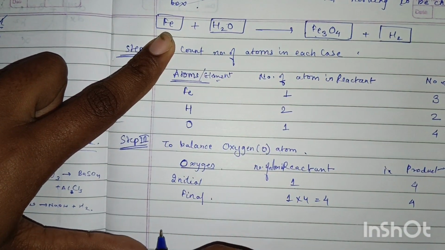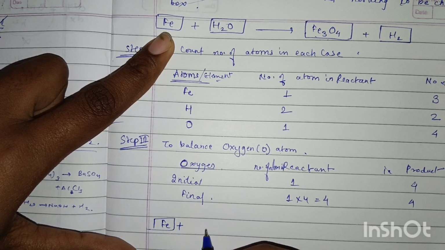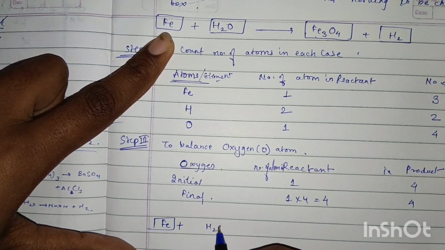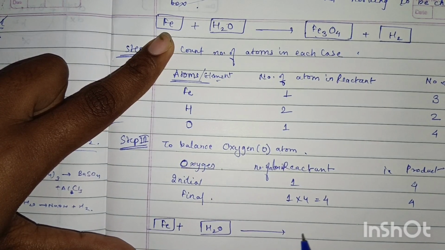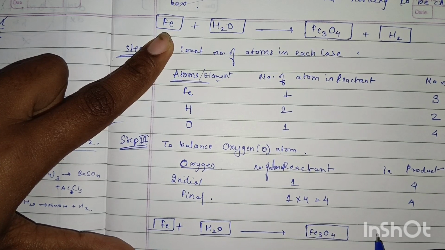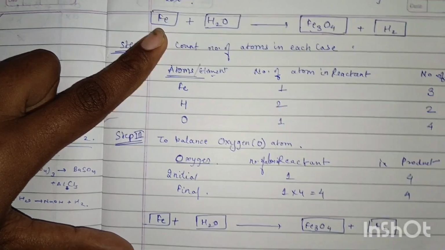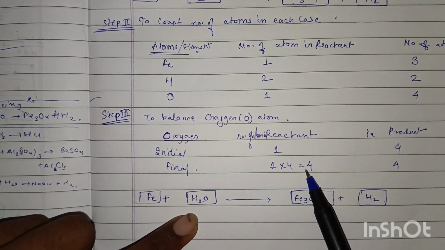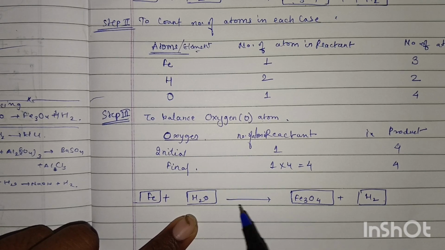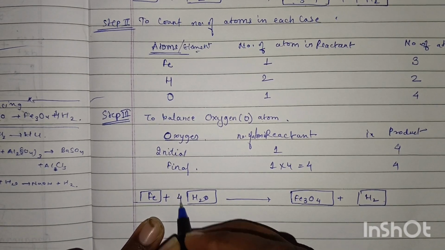See, Fe plus H2O gives Fe3O4 plus H2. Now oxygen, on the reactant side oxygen is present here, so we'll multiply here by 4.